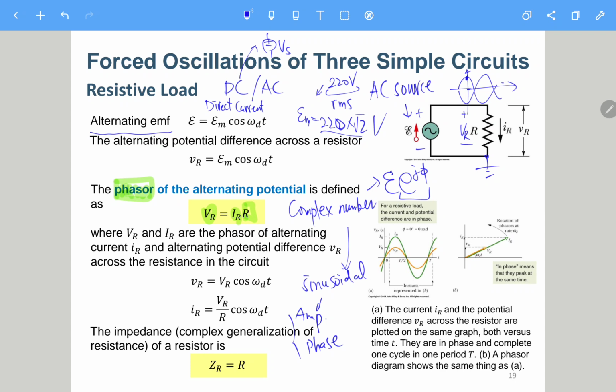If you still remember, according to Euler's identity, exponential of j phi is cosine of phi plus j sine of phi. So we can use a complex number to represent a sinusoidal. It will make the calculation easier. Of course, the mathematics behind it is a little bit complicated and related to the Fourier transform. But the point is, calculating with complex numbers is easier than solving the differential equation.